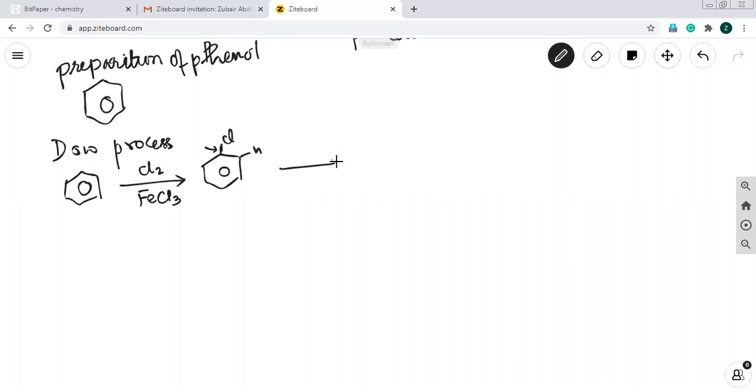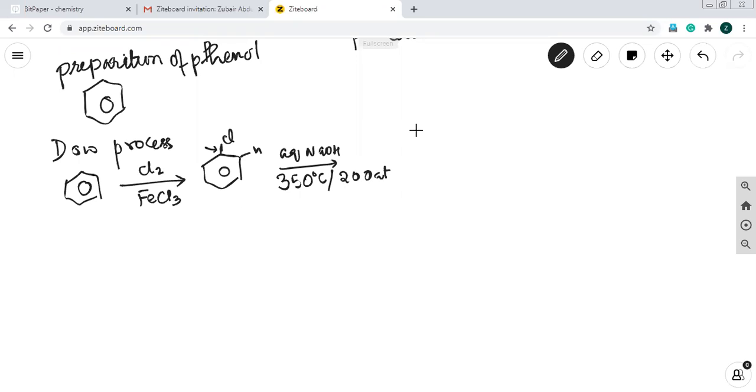Now, if you treat this with aqueous sodium hydroxide, aqueous NaOH, at high pressure and high temperature, 350 degrees Celsius and 200 atmospheres, it's a pretty high pressure.